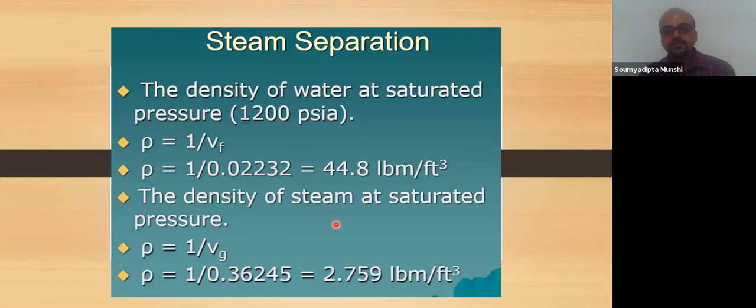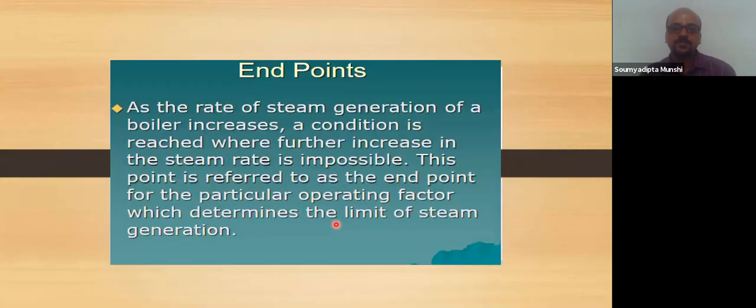So we can see the difference in the density of the water in the downcomer and the density of the mixture of water and steam. Because of this difference in density, the circulation takes place, and inside the drum the steam and water particles separate.